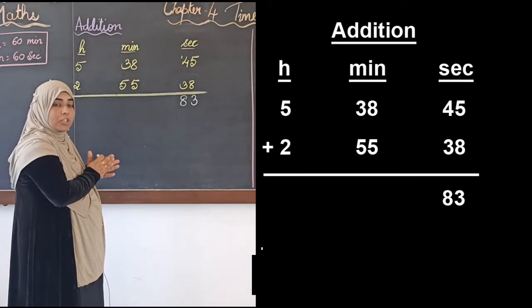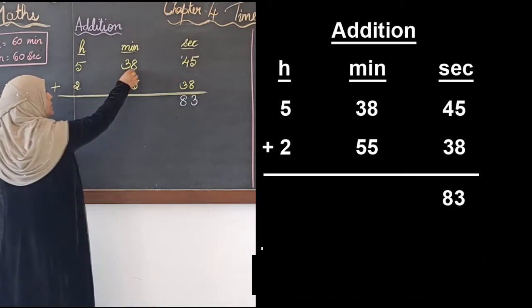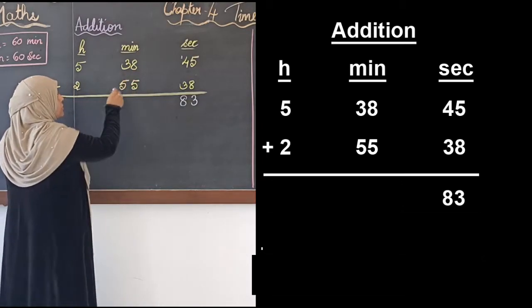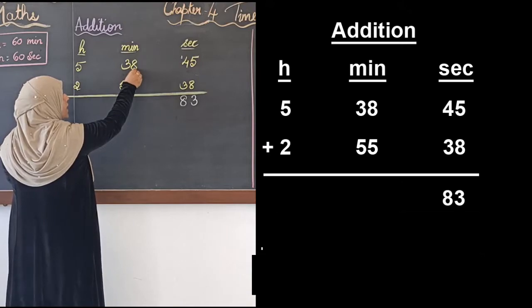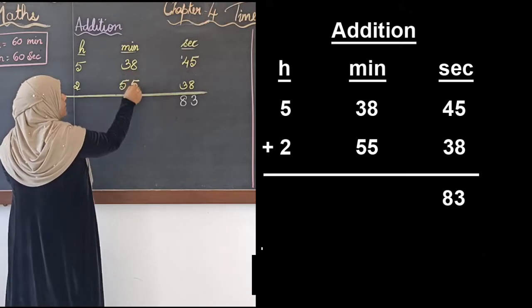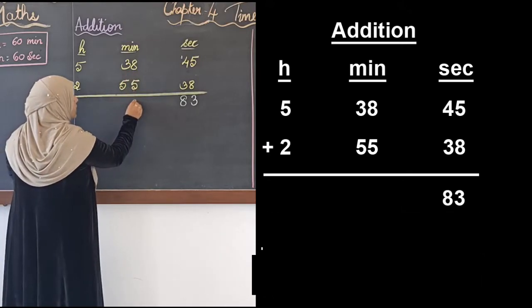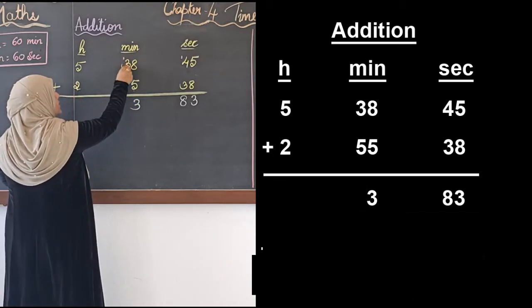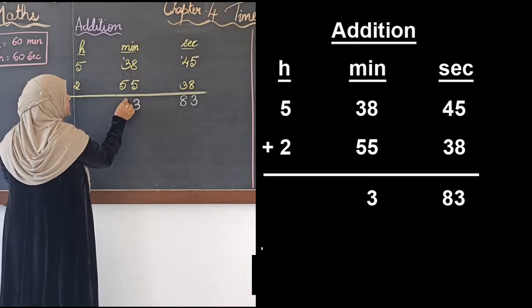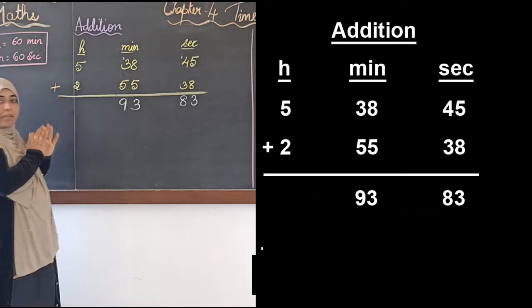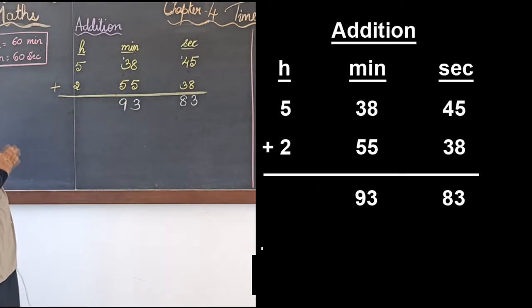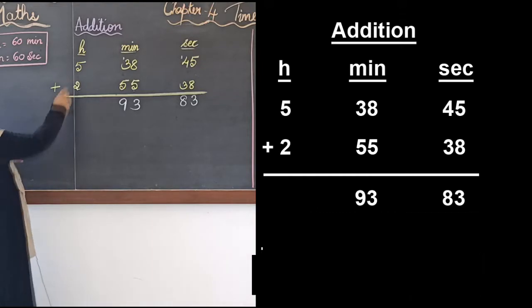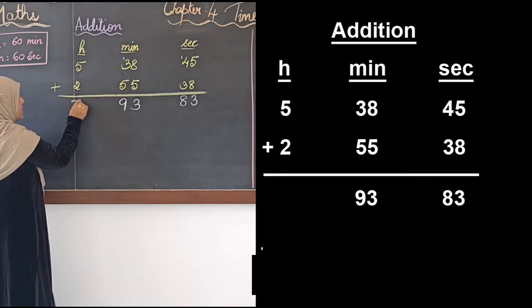In the same way we will add minutes: 38 plus 55. First we add 8 and 5. 8 plus 5 is 13, carry 1, 1 plus 3 is 4, 4 plus 5 is 9. We have done the addition of minutes. Now we will add hours: 5 plus 2 is 7.